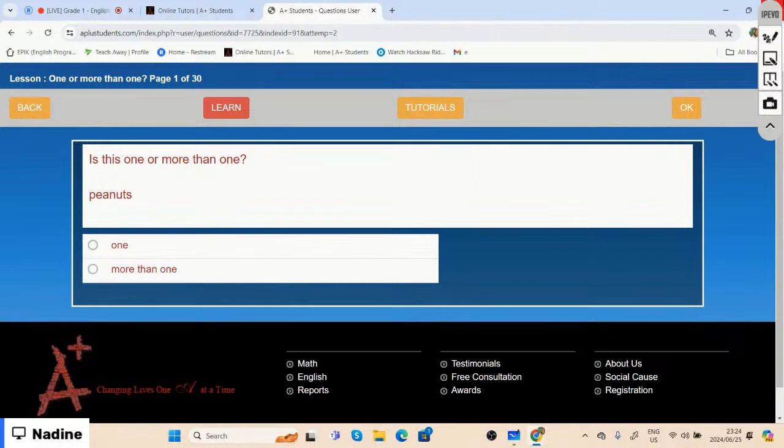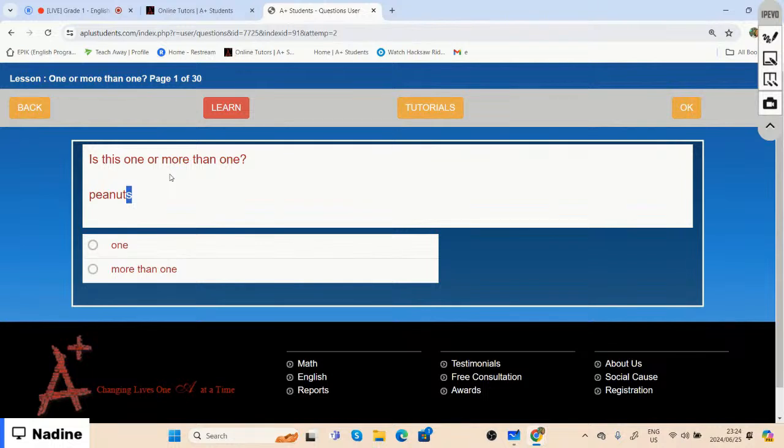Look at the S. The S at the end of a word will tell us if it is one or more than one. Once we have the S at the end of the word, then it shows plural because now we are referring to it as being more than one.